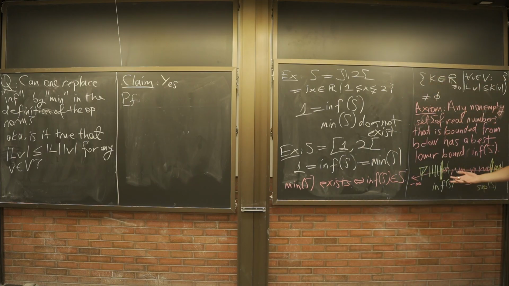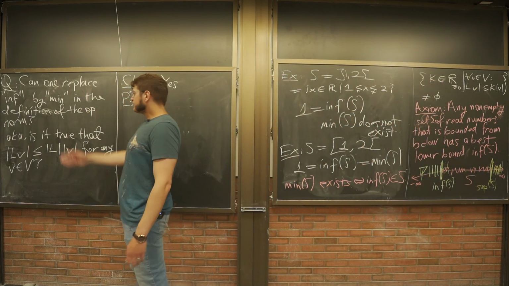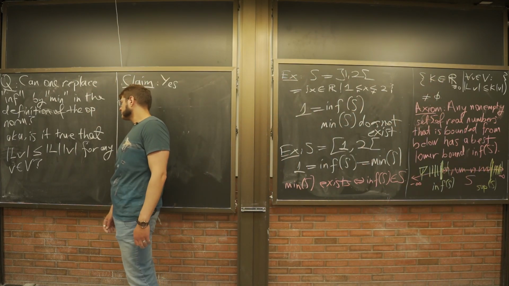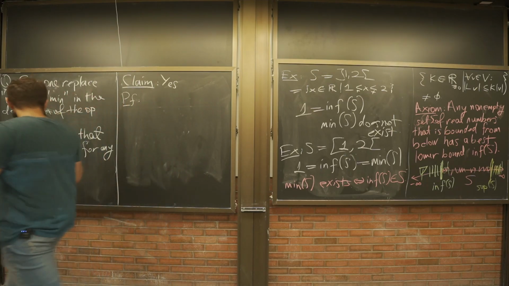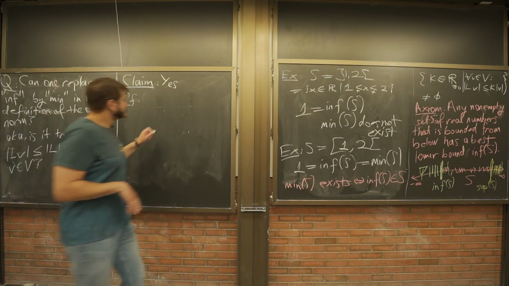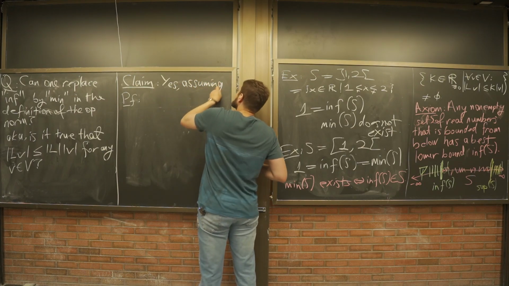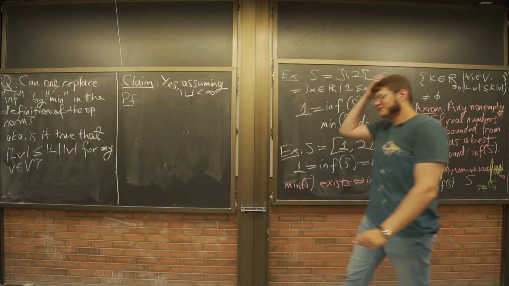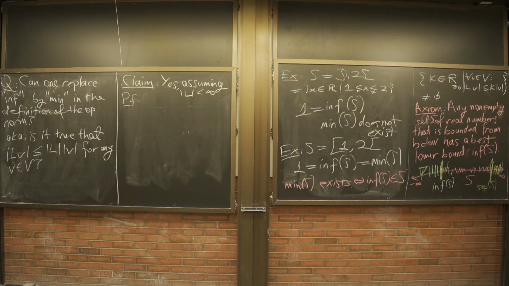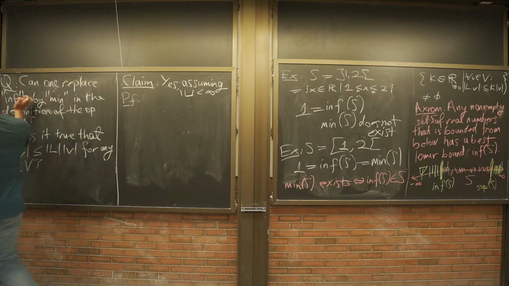The problem is not the zero vector, because if v were 0, the left-hand side is 0, the right-hand side is 0. Of course, I need to say something, assuming that L is a bounded operator. Otherwise, it doesn't work. But assuming it's a bounded operator, you can replace inf by min.